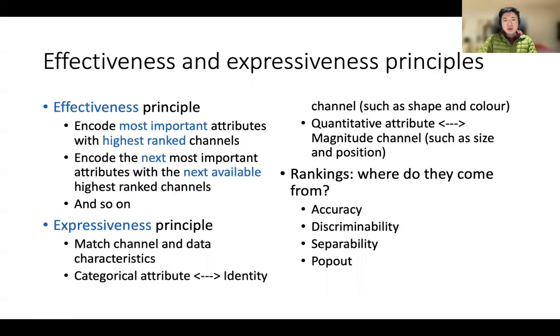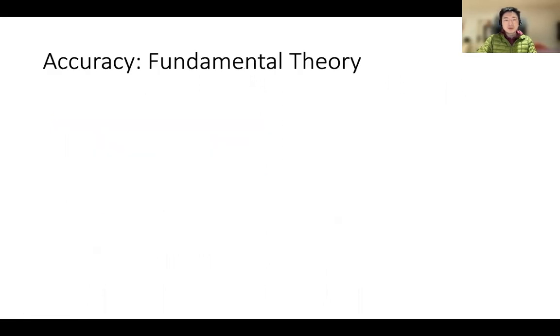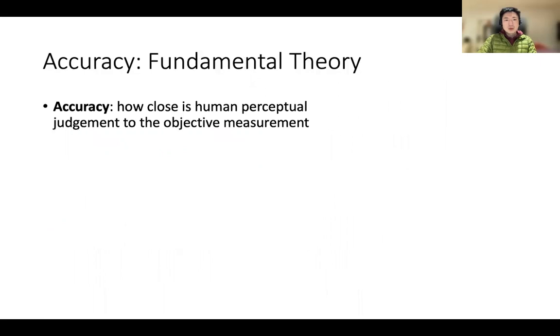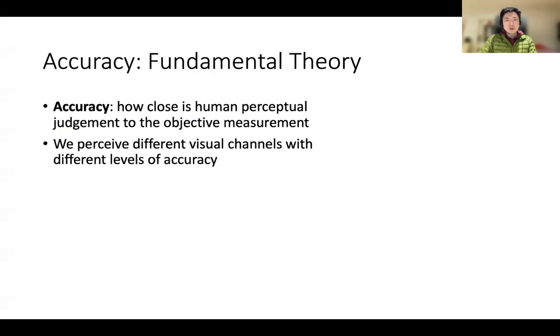Okay, so there are 4 aspects: accuracy, discriminability, separability, and pop-out effects. We're going to discuss these in order. Accuracy means how well a human can perceive the value from the visualization.